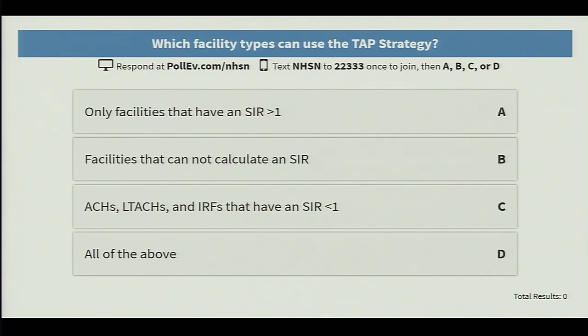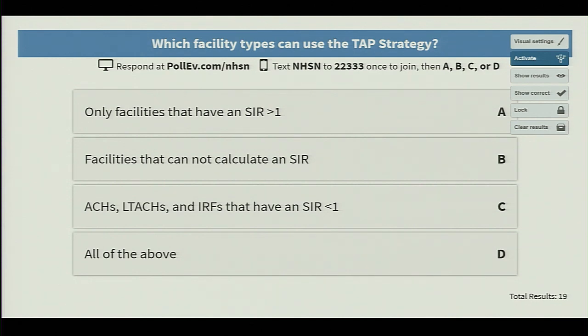Okay, so naturally we know if we have a facility that has a SIR greater than 1, we want them to then improve upon that SIR. But is that the only type of facility that can benefit from the TAP strategy? So let's try to gather your thoughts with this Poll Everywhere question.